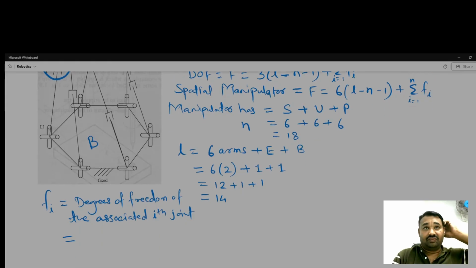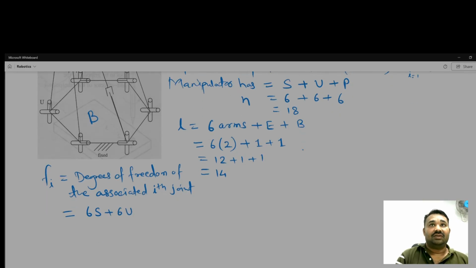We have 6 spherical plus 6 universal plus 6 prismatic.